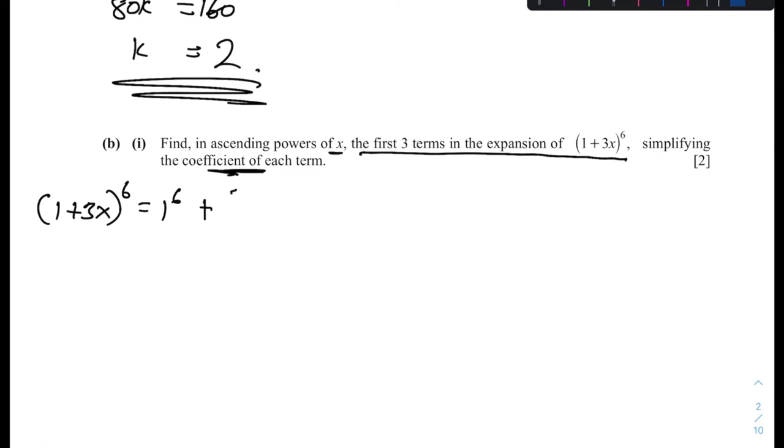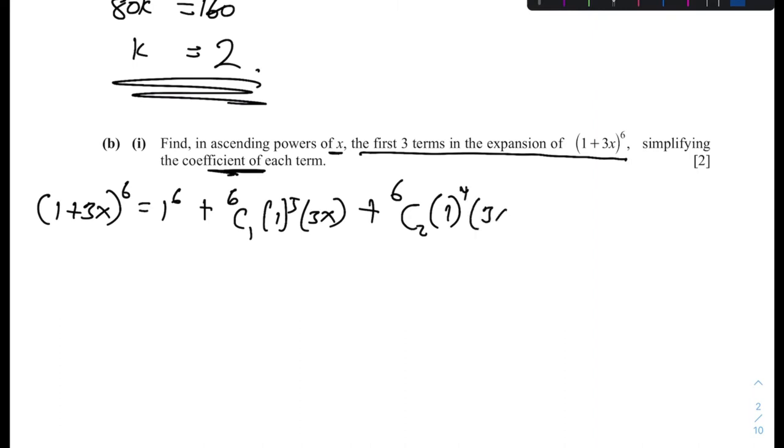Then we have 6 combination 1, 1 to the power 5, 3x. Then we have 6 combination 2. Next thing we do is 1 to the power 4, and then we have 3x squared. They said the first 3 terms, so don't go beyond it. 1, 2, 3. 3 terms, okay?